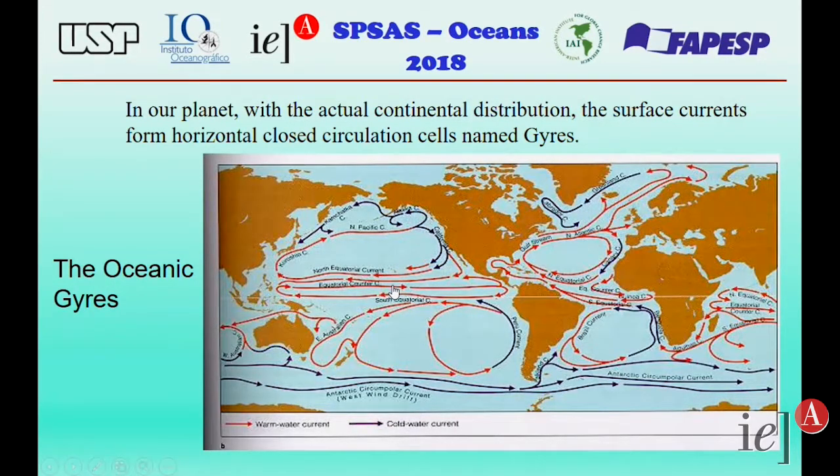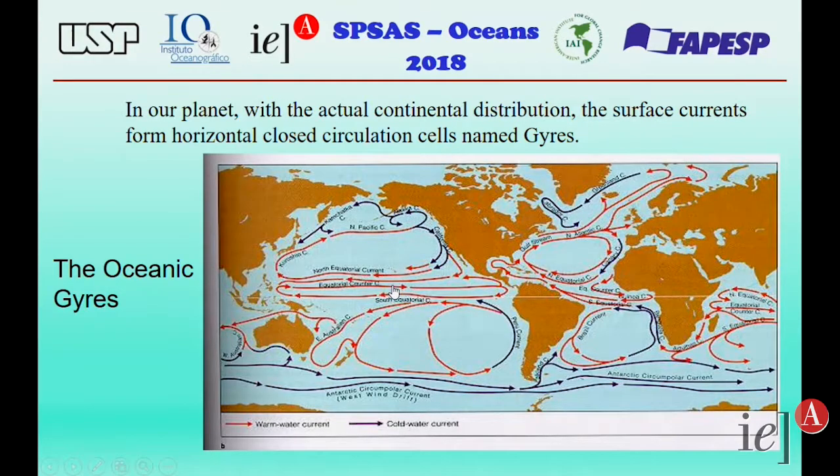As you can see, the circulation in the Pacific is from north to south along the United States western coast, and then from east to west, and then from south to north, and from east to west.